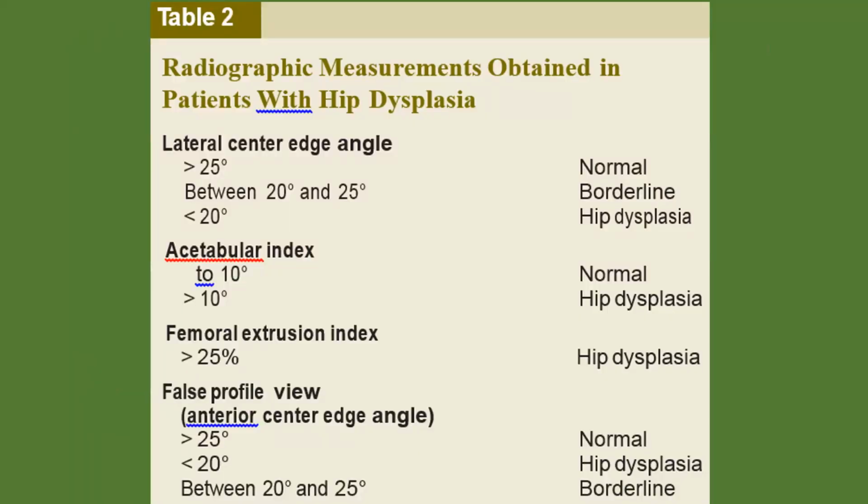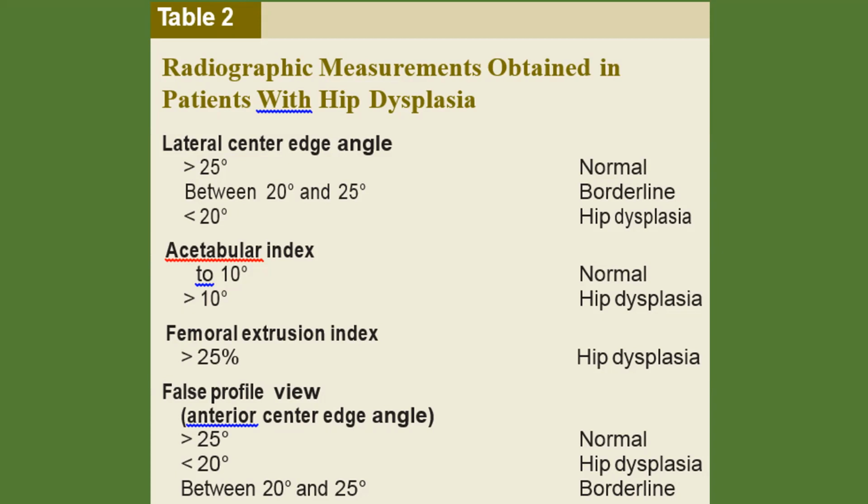This table tells us a lot. I got it from a radiology book. It tells you about the lateral center edge angle. If it's more than 25 degrees, it's normal; 20 to 25, it's borderline; less than 20, hip dysplasia. The acetabular index tells you about how deep or how flat the acetabulum is.